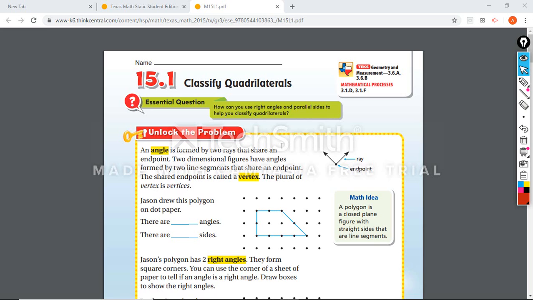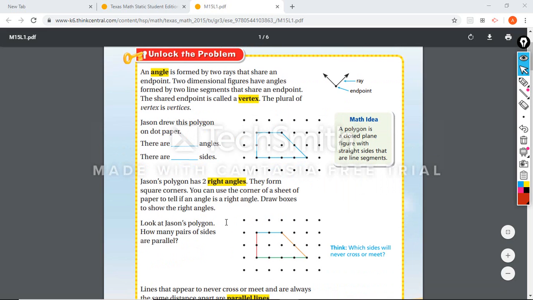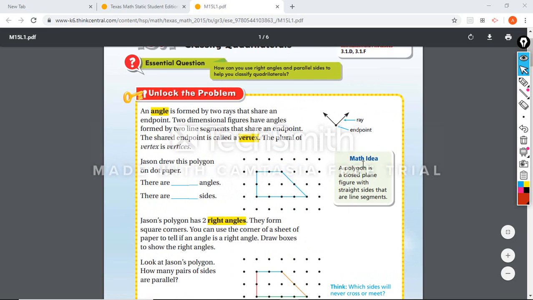Follow along with me, and you're going to need these: the definition of an angle, the definition of a vertex, or vertices if it's more than one, and we're going to discuss polygons on this section here. So you have this to take a note down, and this, and this. Okay, so let's review this real carefully.